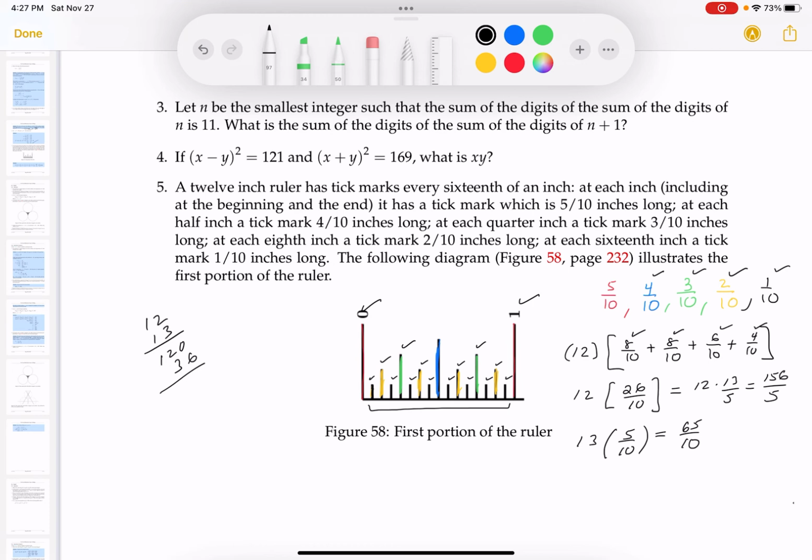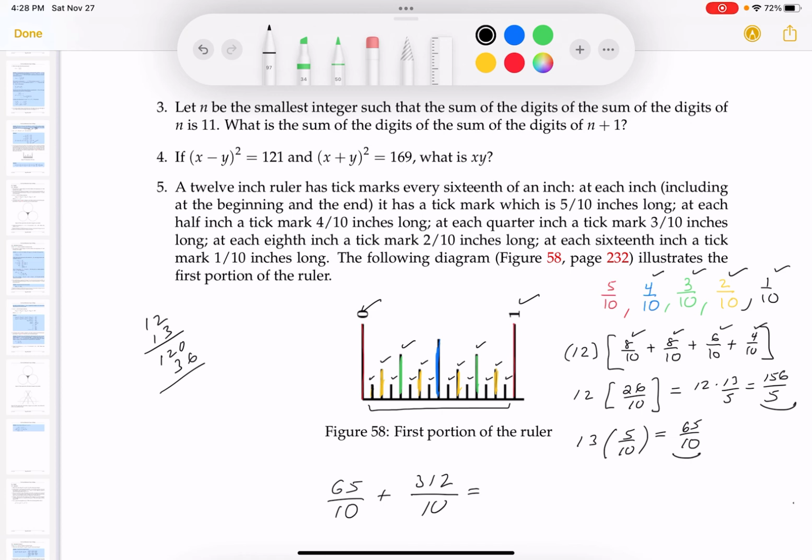All right, I got to do something now. I got to do 65/10 plus, well, I got to get tenths in that other guy, right? I'm adding this on. So these two have to be added together. And let's hope I didn't make any mistakes in the counting. Let's see, that would be 312, right?